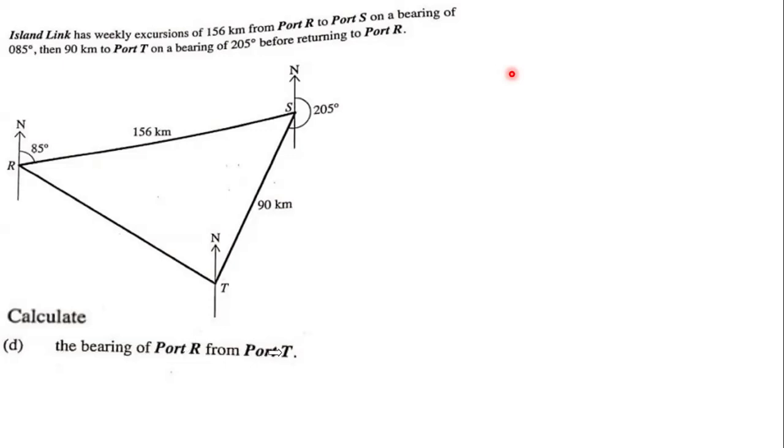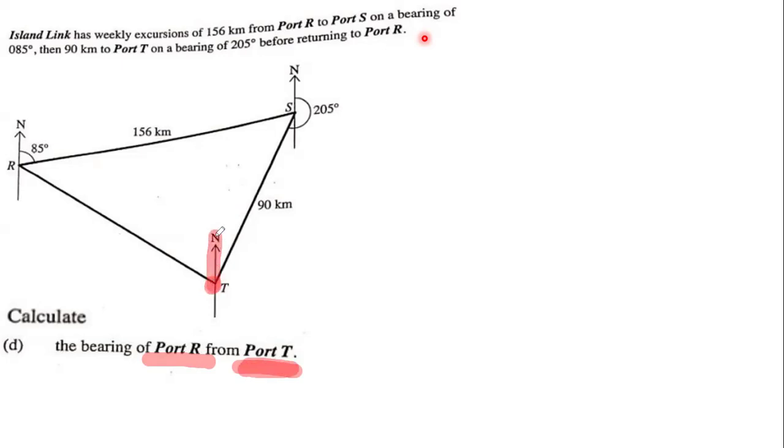Now, if we notice carefully, we cannot use this one. Let's use this. We want the bearing of port R from port T. Now they say from port T, so we go to port T. We're going to draw our north.